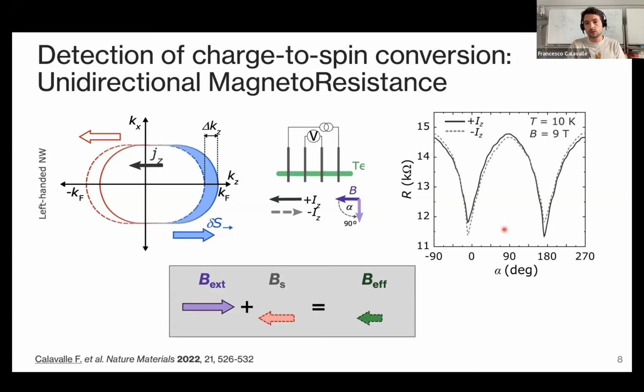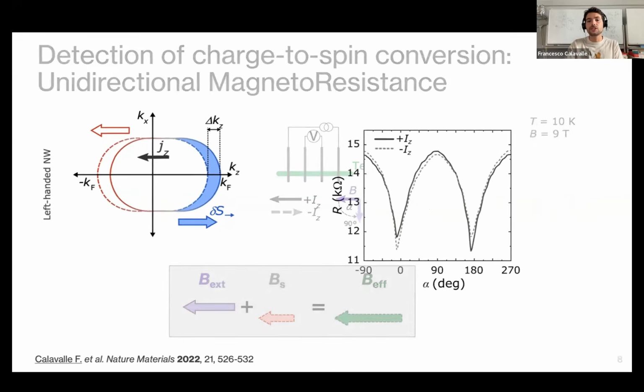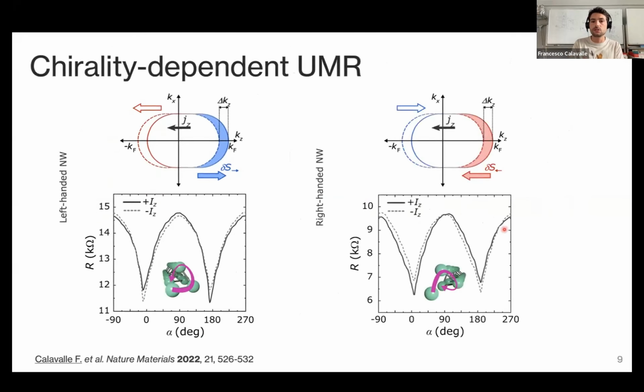Now, what is also interesting is that measuring different wires and matching them with a TEM picture, which could give us a one-to-one matching of measurement and handedness of the crystal, we saw that these characteristics were getting reversed when the handedness was reversed, according to the mechanism that I showed before.